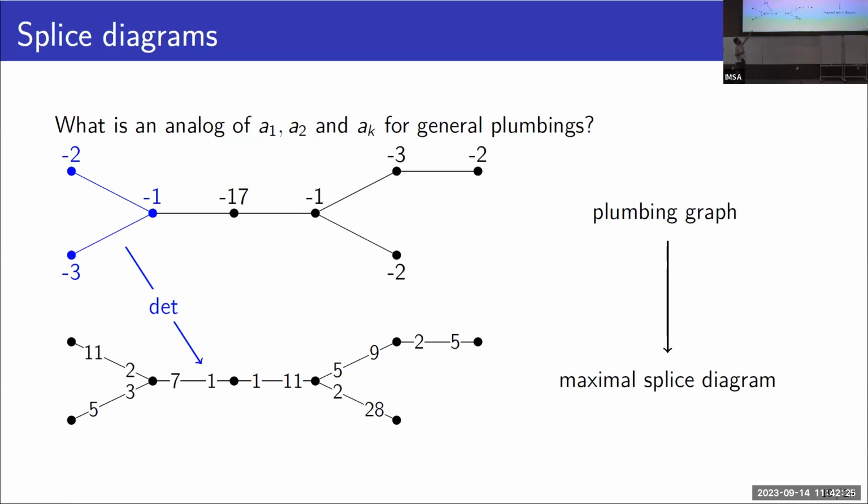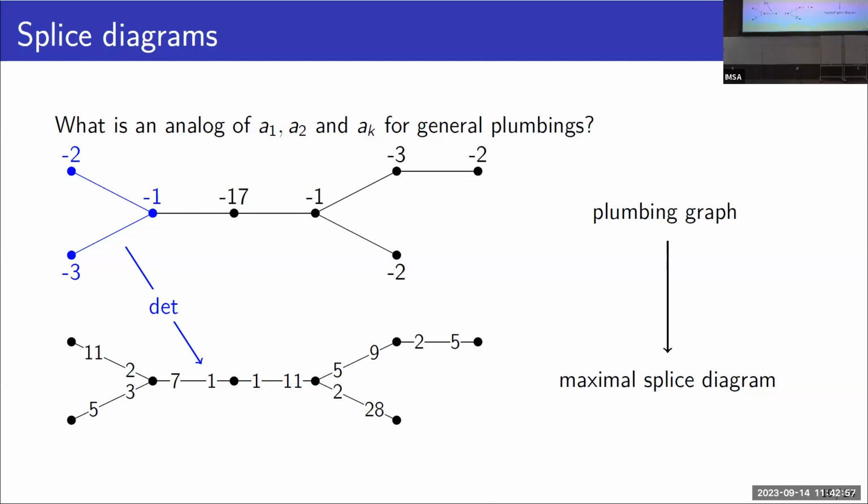So if you look at this one, for example, with the arrow, we look at the part of the plumbing graph which is cut from this edge, and we look at the determinant of the corresponding submatrix, and we record it here. So this one is the determinant of the submatrix with -1, -1, -2, -3 on the diagonal. We do this for every single edge, and we call this a maximal splice diagram.